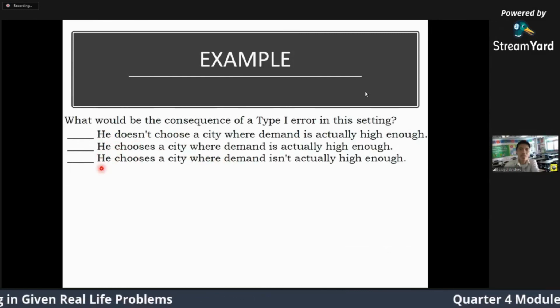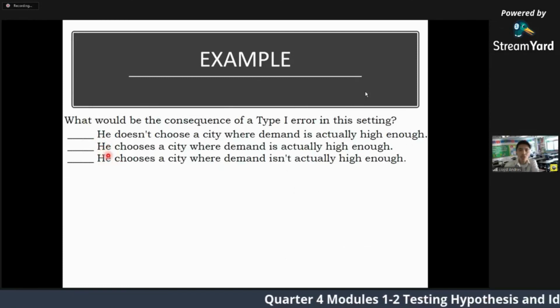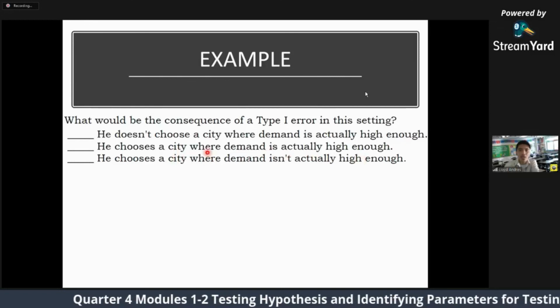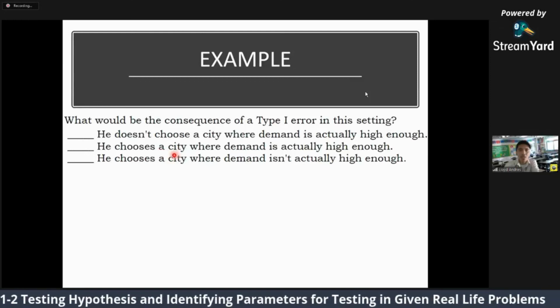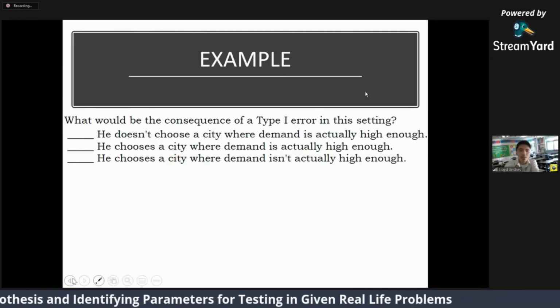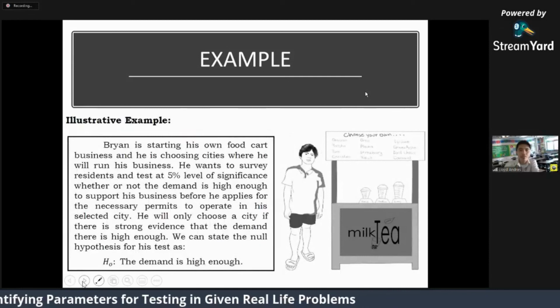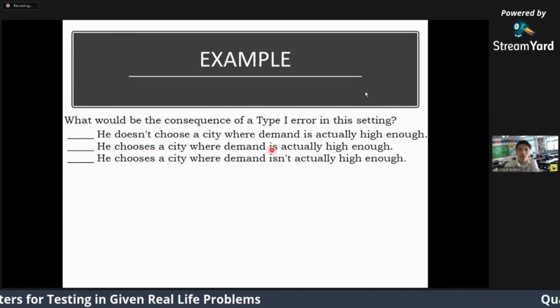Basically, for number 2, he chooses a city where the demand is actually high. Meaning, he chooses the city and the demand is high, so he followed it. So this is not an error. He chose it and it is actually high.